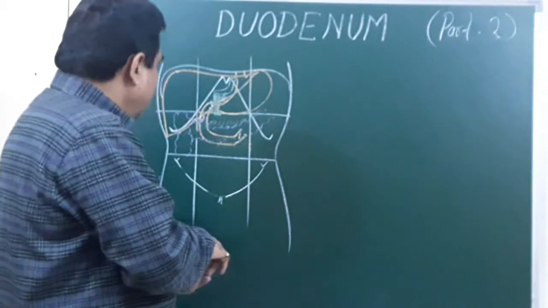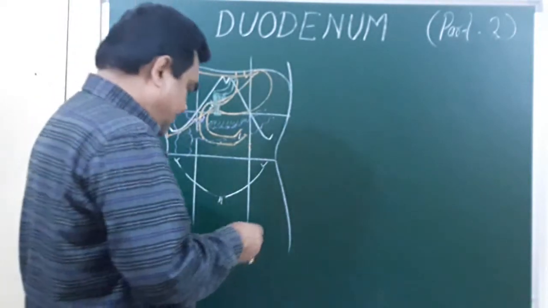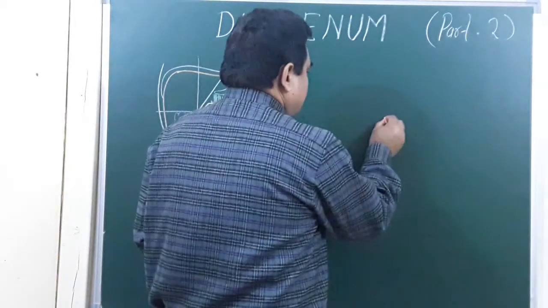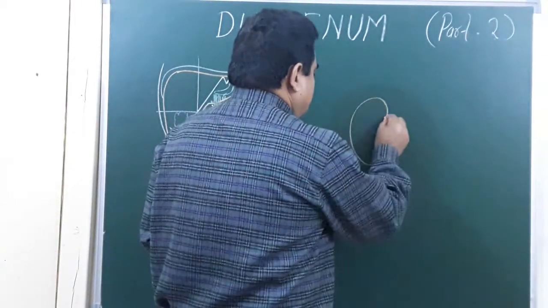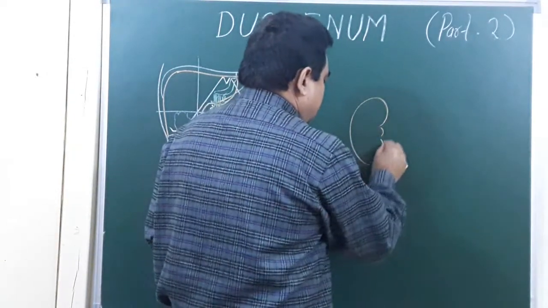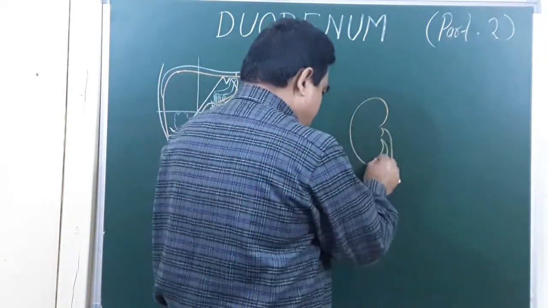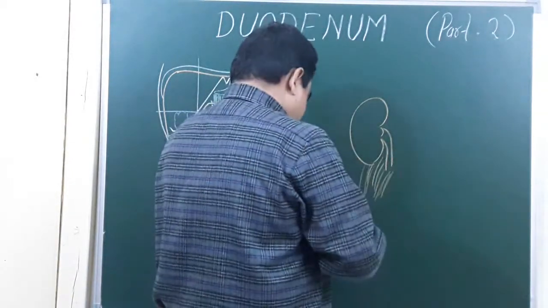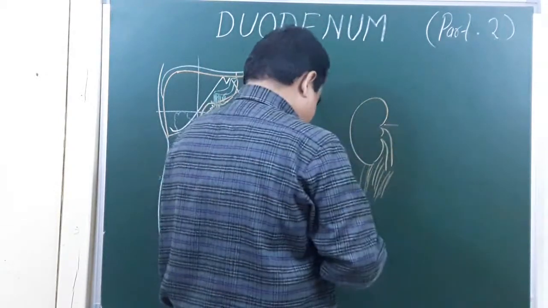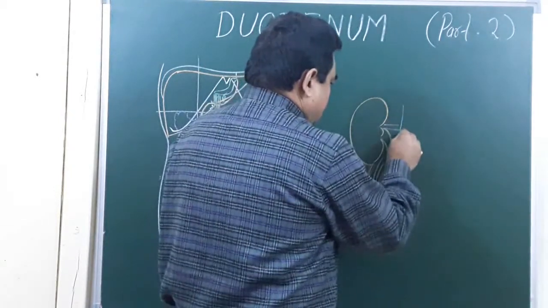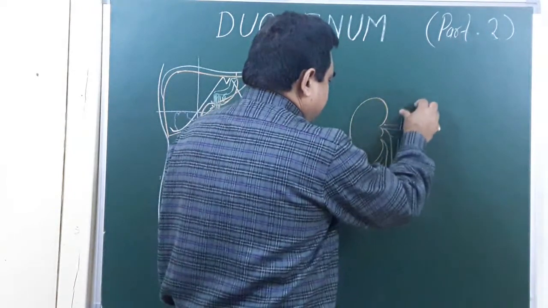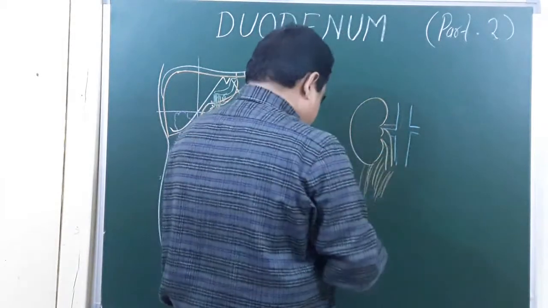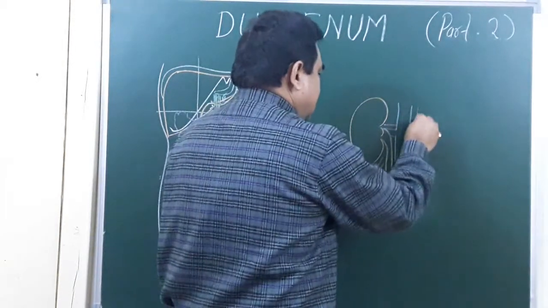Now its posterior relation. If you see posteriorly, you will find the kidney. Here is the psoas major muscle, the right psoas major muscle, and here is the position of these renal vessels.